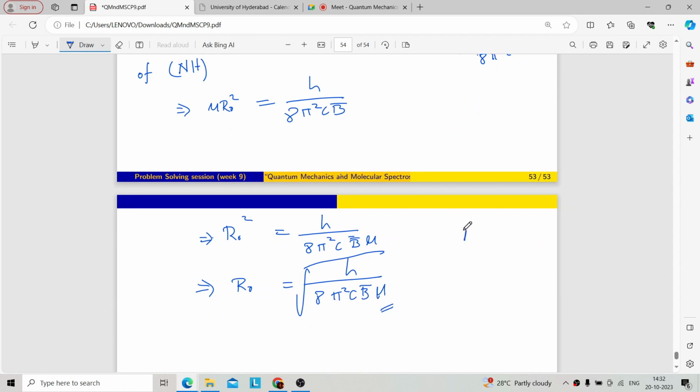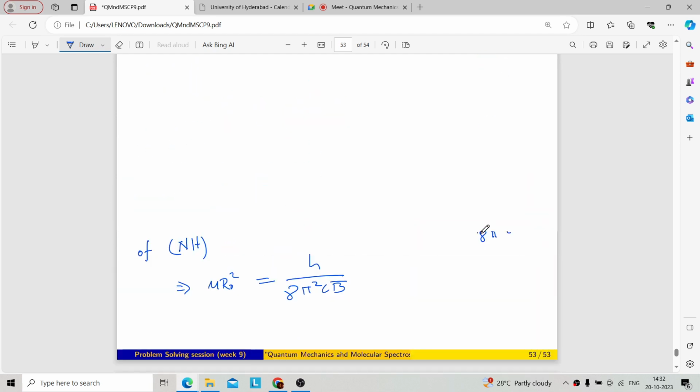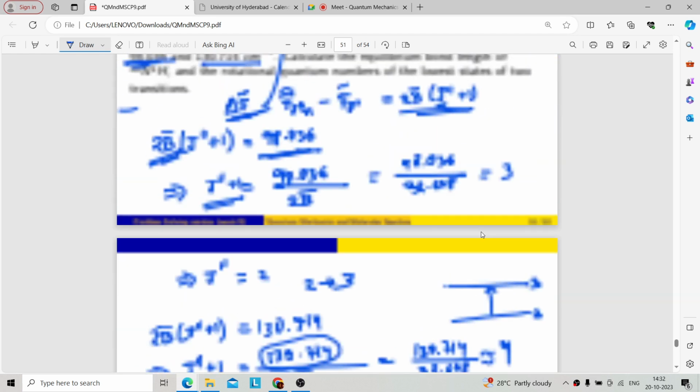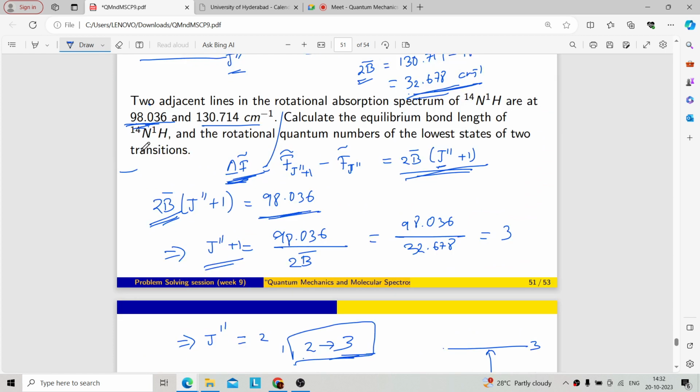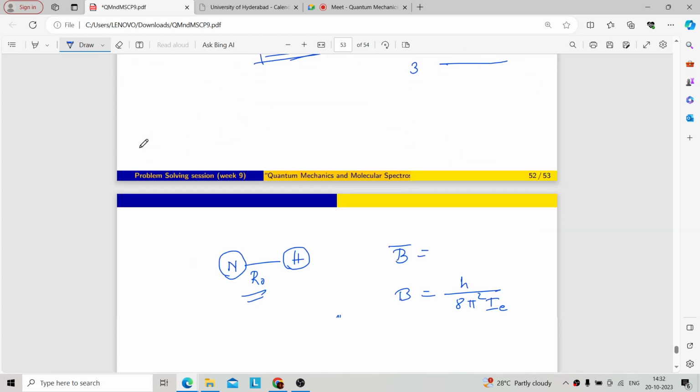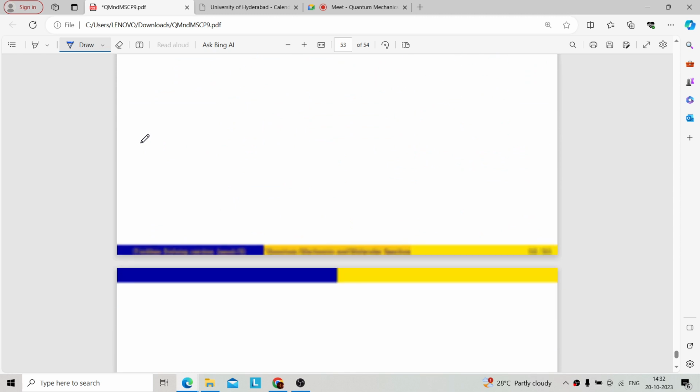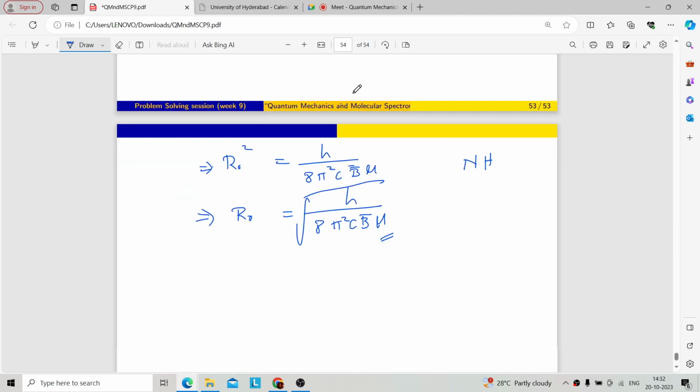So what is the molecule? This is 14N1H. So I can calculate the reduced mass for this molecule: 14 times 1 divided by 15. This will be in terms of atomic mass unit. I have to convert it to kg.